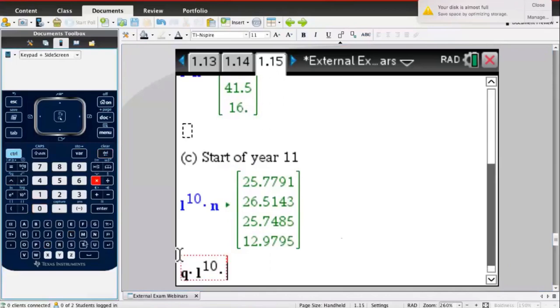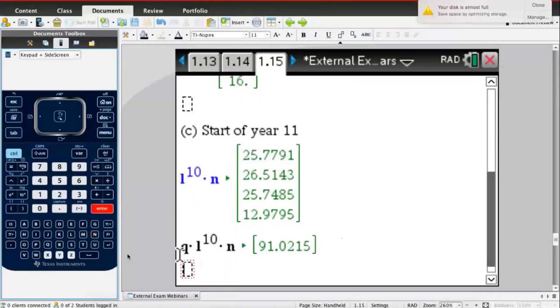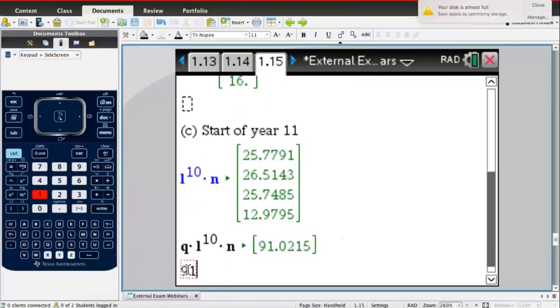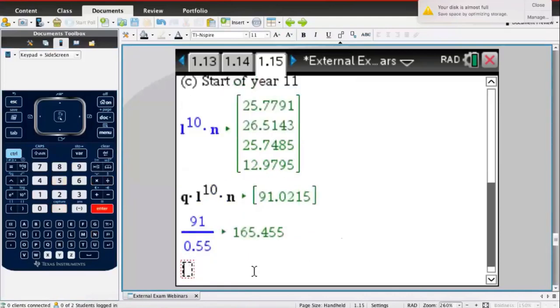Times N, and it should add up all those for me. And the question was, if that's the female population, so there's 91 females and that represented 55%, what's the total population? And we have to divide by 0.55. So the total population was about 165.